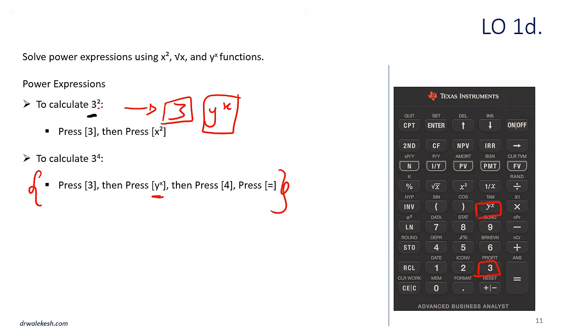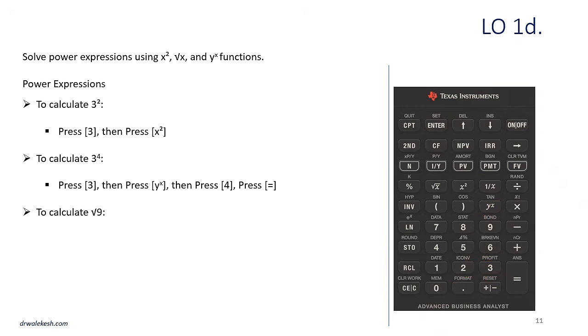But here you will have to press 2 since it is raised to power 2. Then you would press the equal to sign. I expect your answer to be 9.